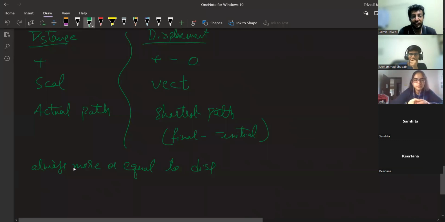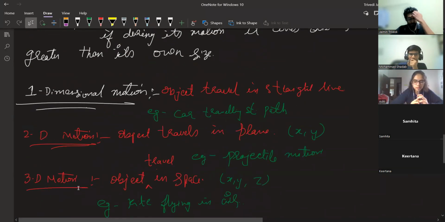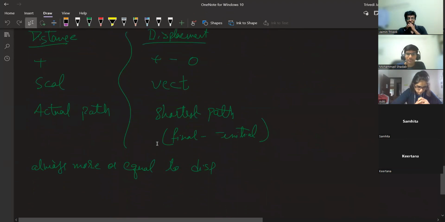Okay. Any other thing we can write? Sir, displacement is always a straight line.